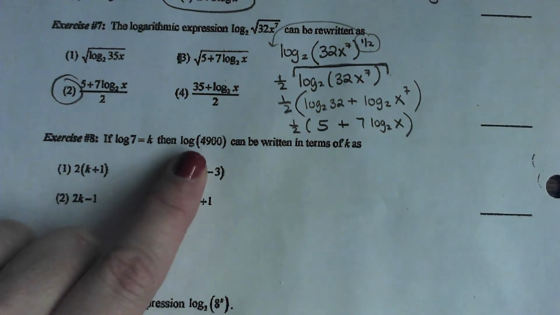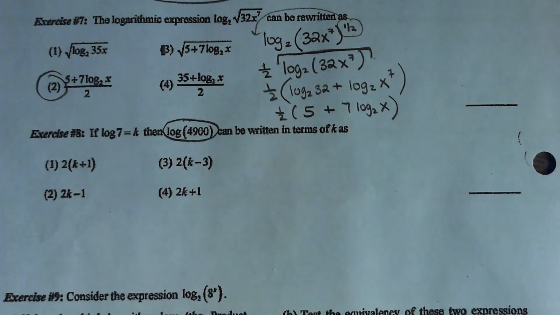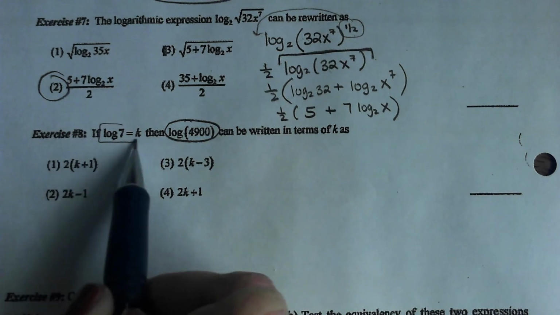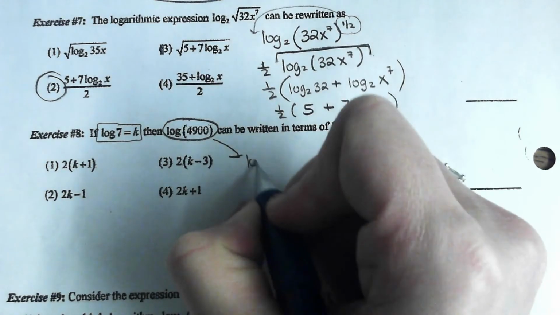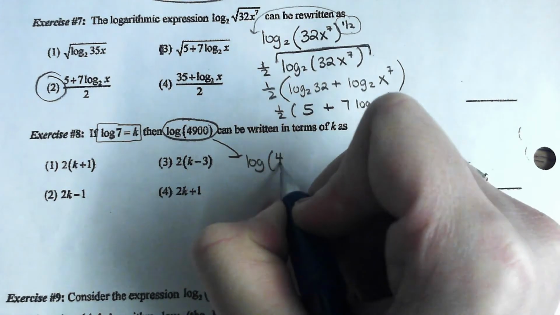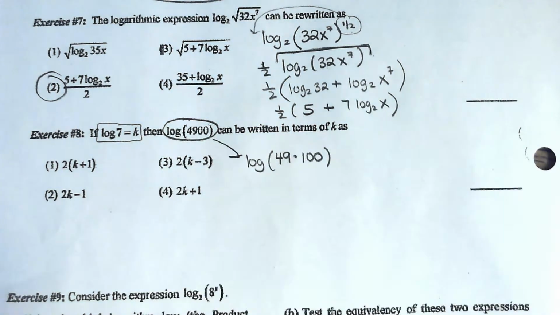Okay, exercise 8 asks us to evaluate the log of 4,900 in terms of k. 4,900, given that they've told us only about log of 7, we want to break this thing down into 7 somehow. So 4,900, we all can agree is 49 times 100. Is that fair?